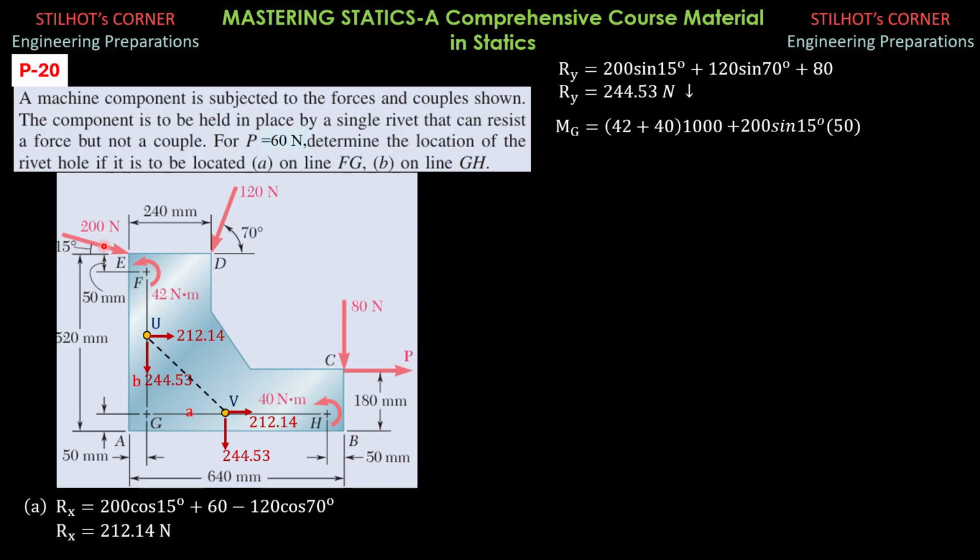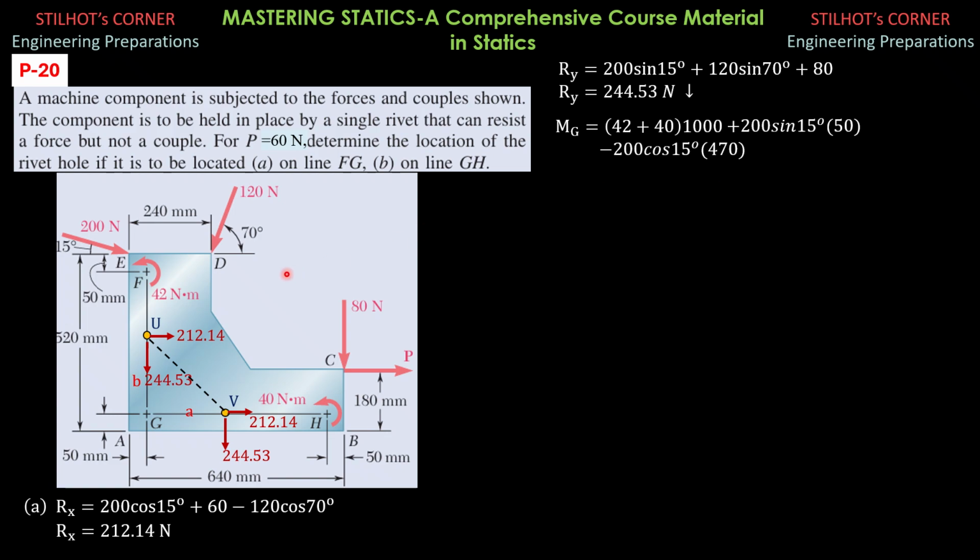Then the horizontal component is clockwise, so minus 200 cosine of 15. The moment arm is 520 minus 50 because this is G, so 520 minus 50, that's 470. So minus 200 cosine 15 times 470.